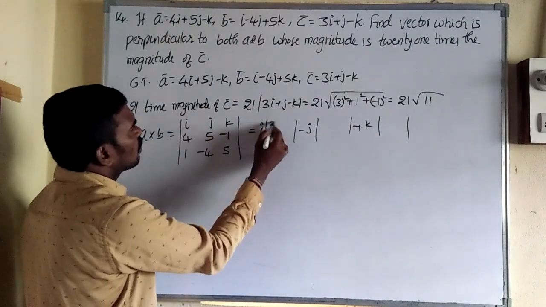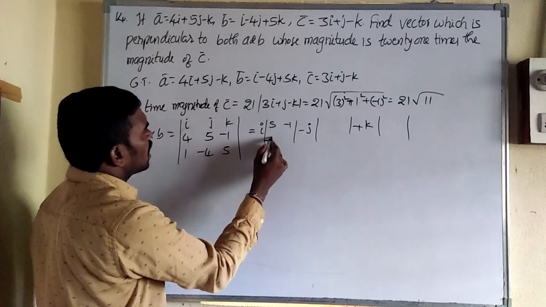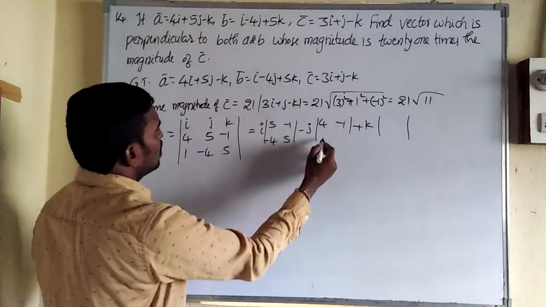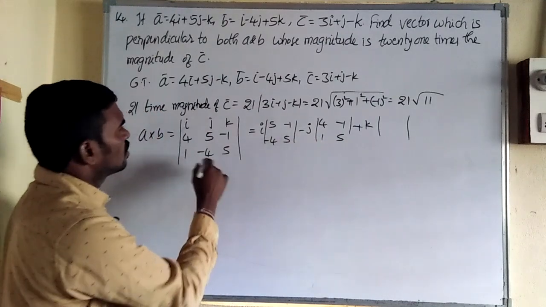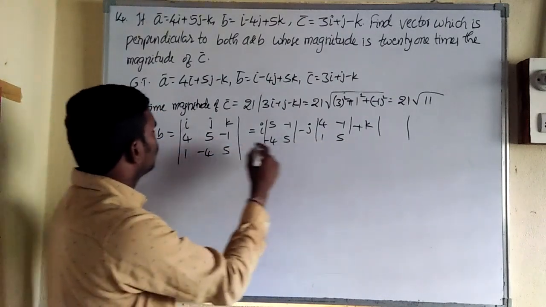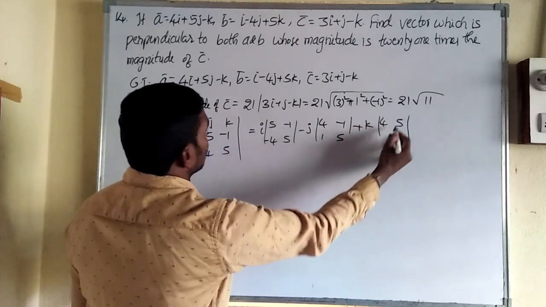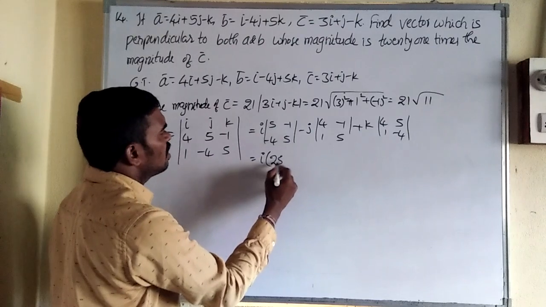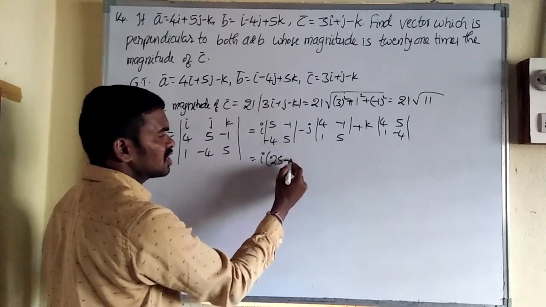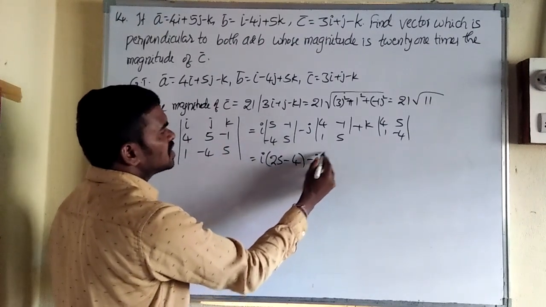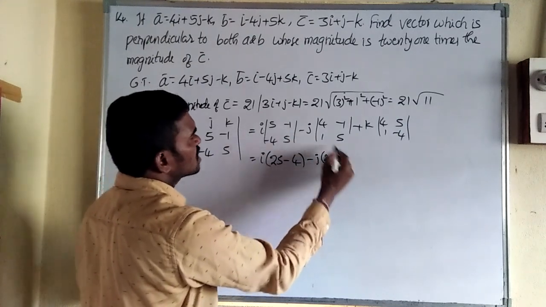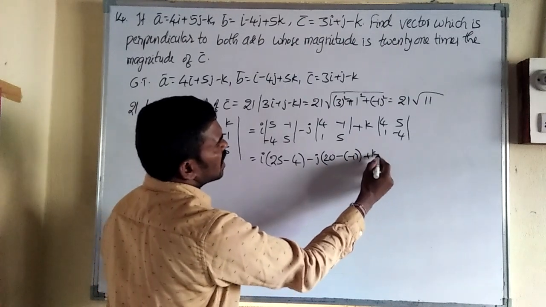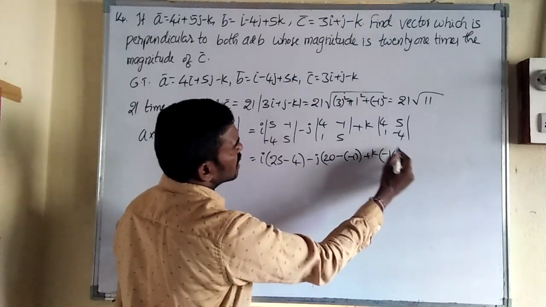For i: 5 into 5 is 25 minus 4 into minus 1, that is 4. For j: 4 into 5 is 20 minus 1 into minus 1. For k: 4 into minus 4 is minus 16 minus 1 into 5, that is 5.